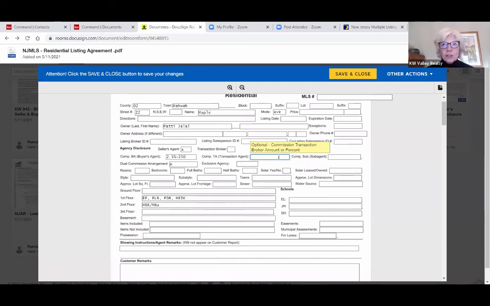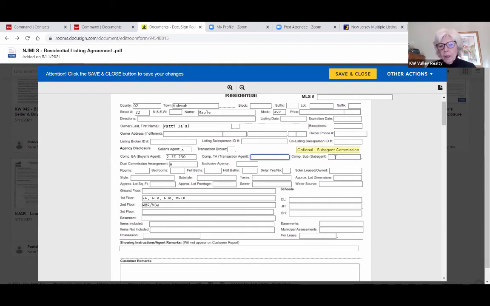Yeah, a new construction, it's kind of an industry standard. It's a professional courtesy because builders list with realtors. That's what they do. So as a professional courtesy, when it's new construction, we frequently take it at 4%. And then obviously the compensation would be 2% to buyer's agent and transaction broker.